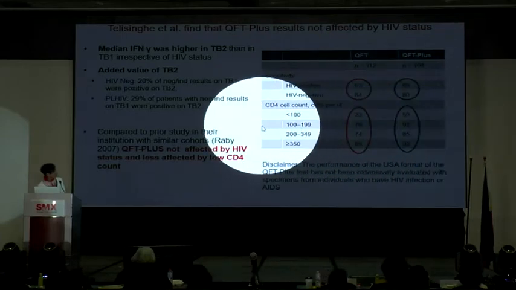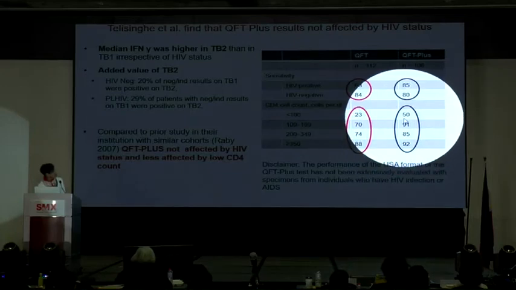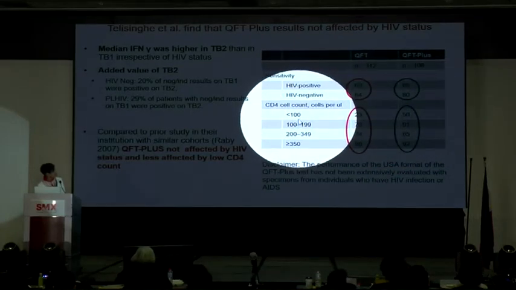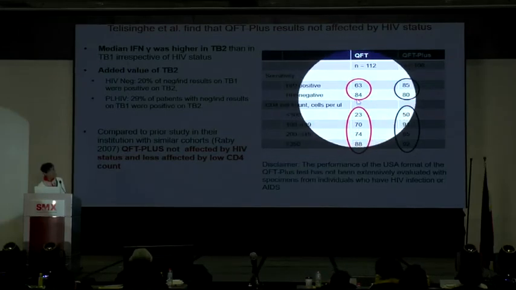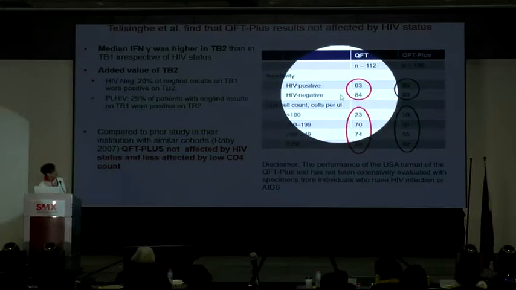Also, when you look at CD4 counts, you did not see a decline in the sensitivity until you get under 100 CD4 cells. With the old QuantiFERON, this was a study that was done in the same institution, same study design, that actually compared it to the skin test. QuantiFERON actually performed better than the skin test, but you can see the impact of HIV on the QuantiFERON.